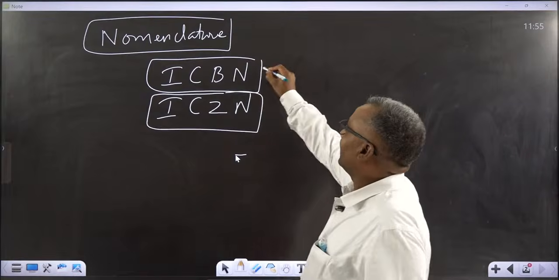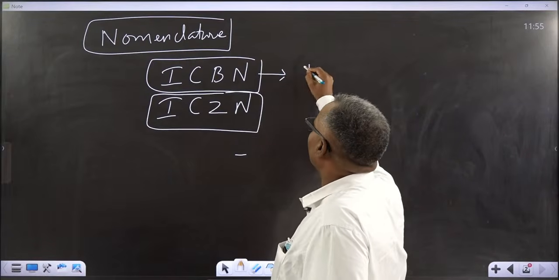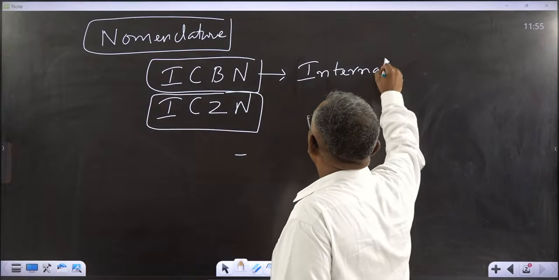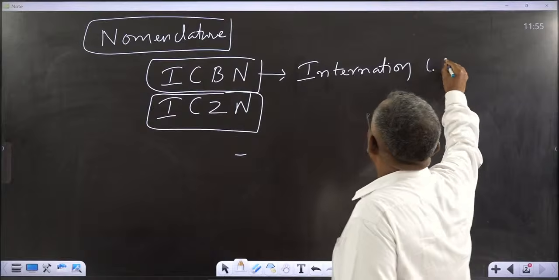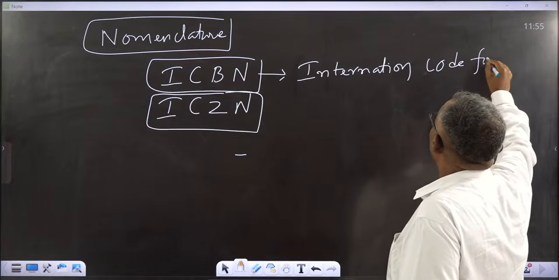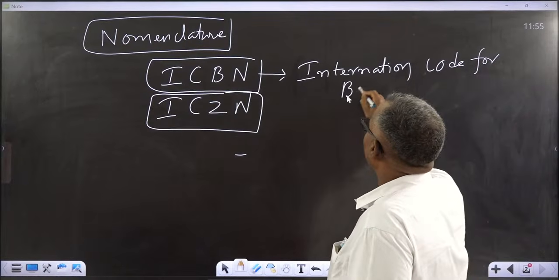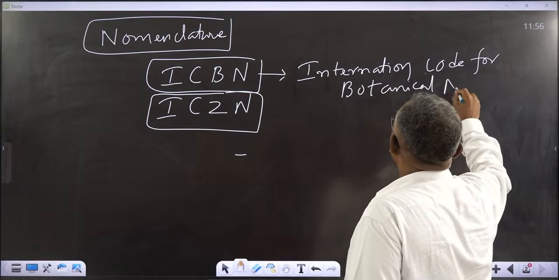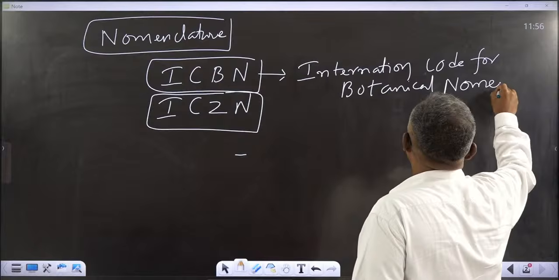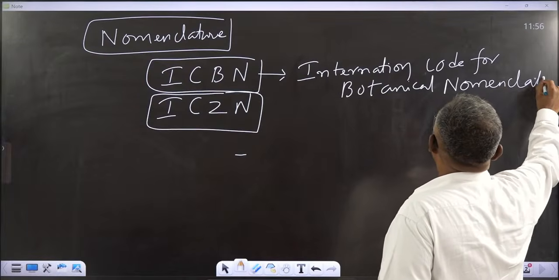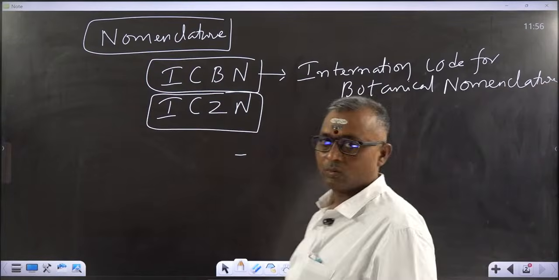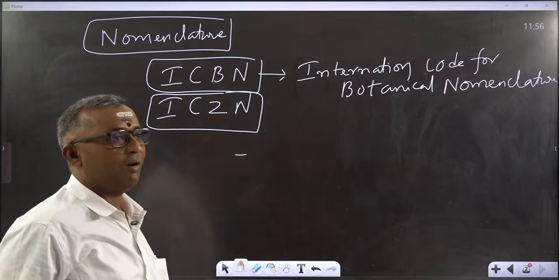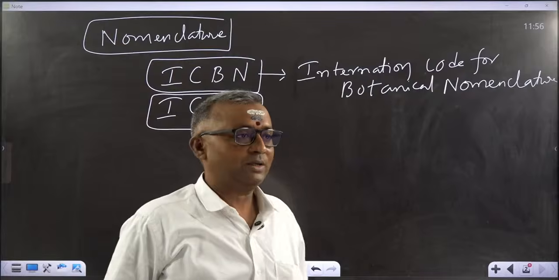What is ICBN? The ICBN is nothing but it is International Code for Botanical Nomenclature.